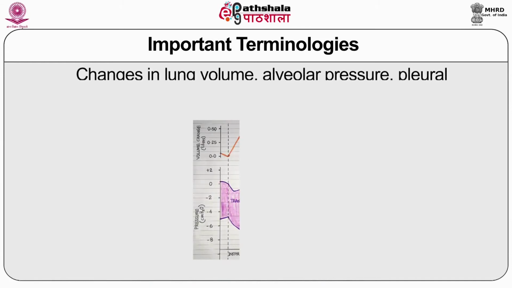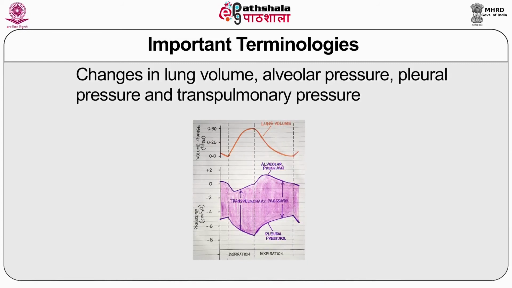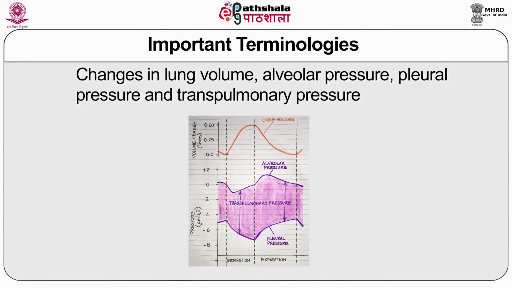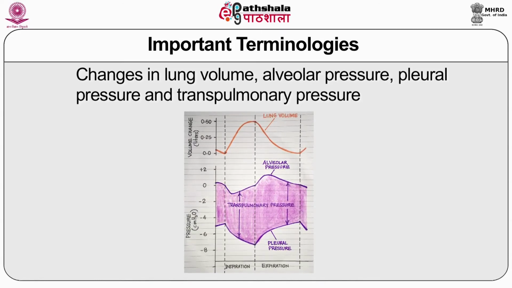To cause inward flow of air into the alveoli during inspiration, the pressure in the alveoli must fall to a value slightly below atmospheric pressure.